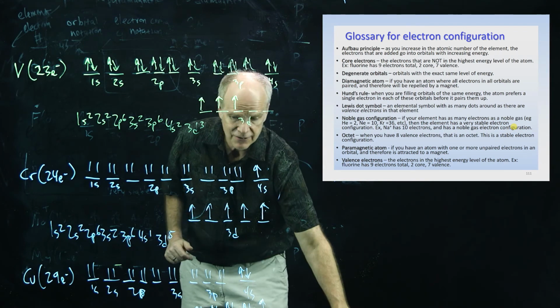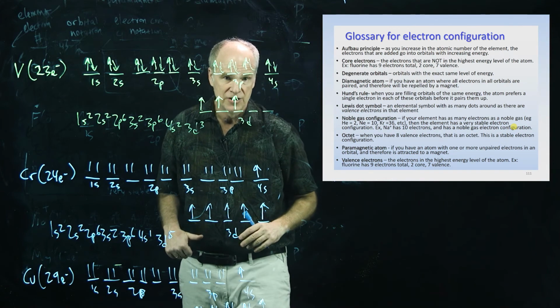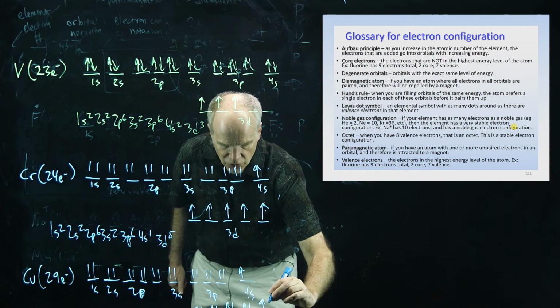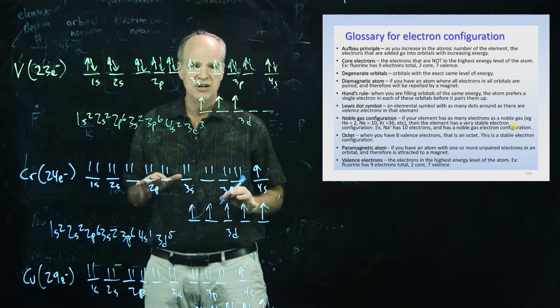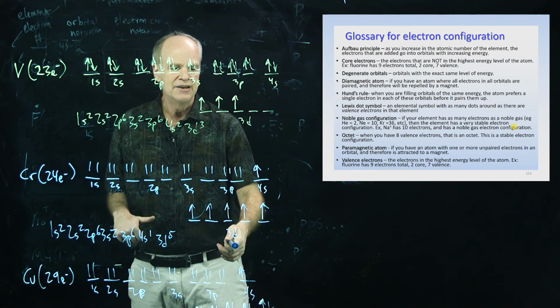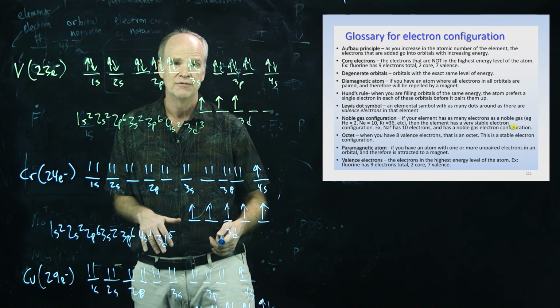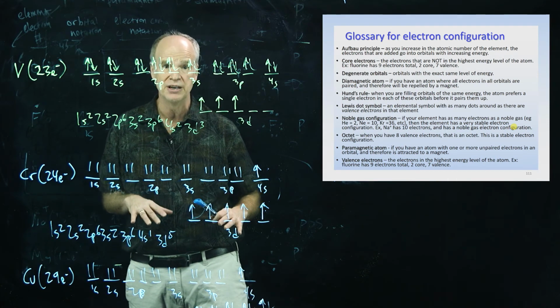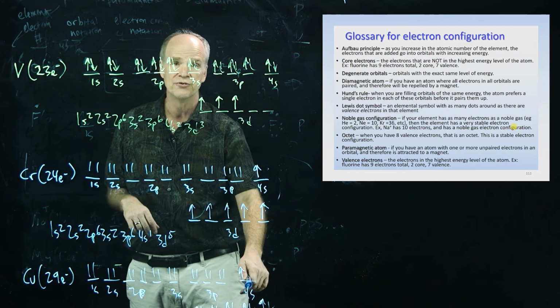Instead, what we find for copper, we only have one electron in the 4s sublevel, and we now have a full 3d sublevel, for the same reasons as chromium, in that if you move an electron from the 4s sublevel and now fully fill the 3d sublevel, that imparts extra stability to it, and now the 3d sublevel has lower energy than the 4s, and so that will be filled first.